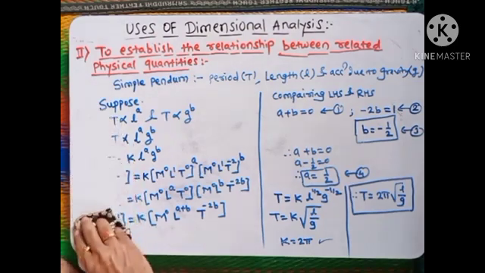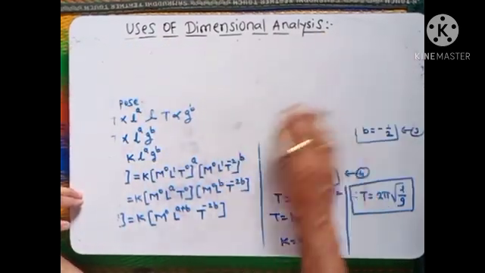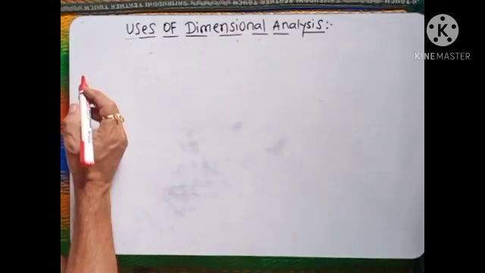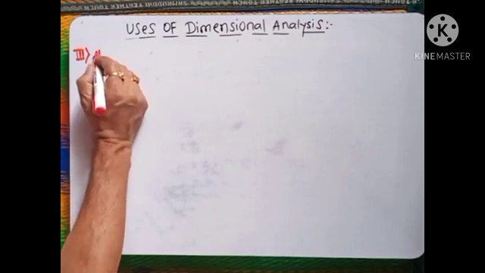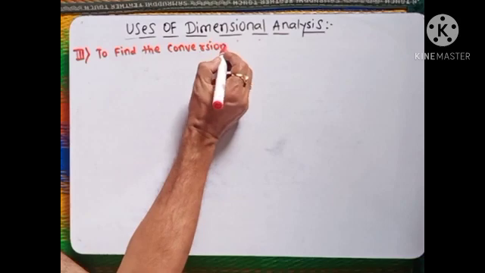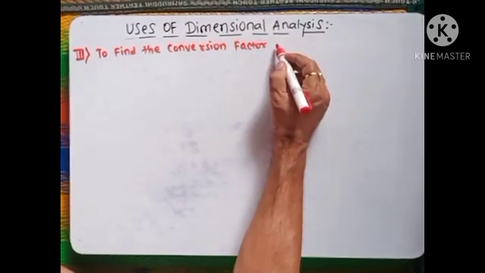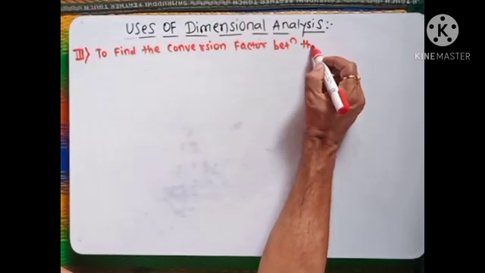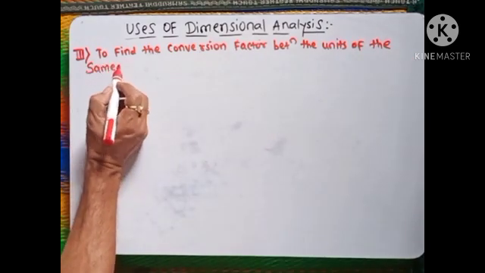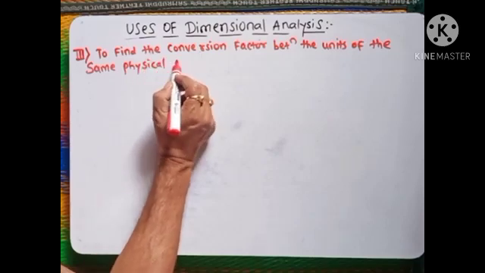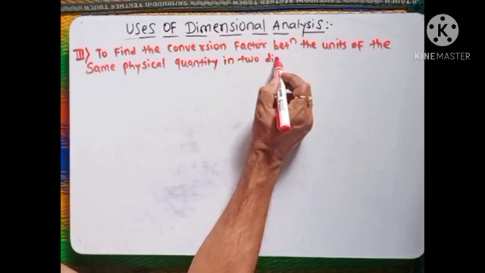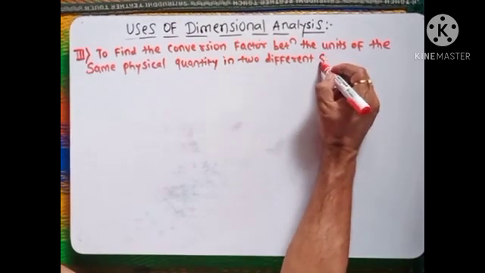Now we consider here the third use. Third use: to find the conversion factor between the units of the same physical quantity in two different systems of units.